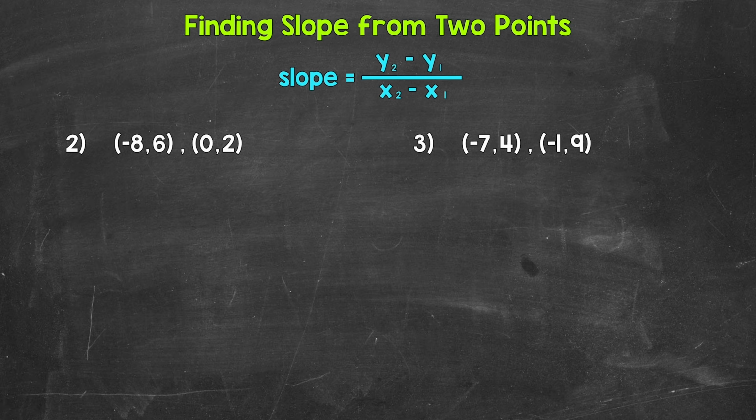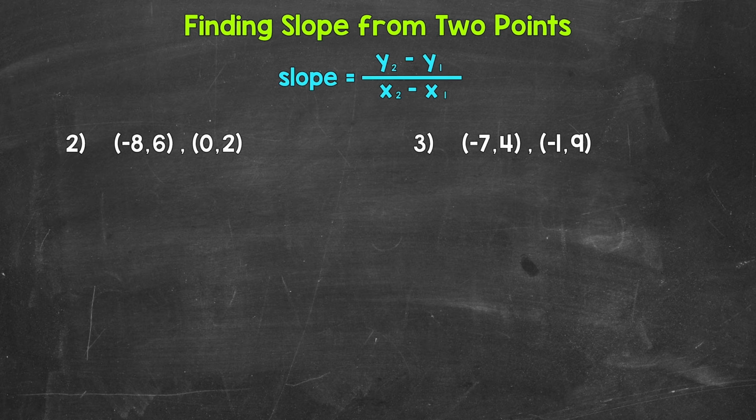Taking a look at numbers 2 and 3, we are given the coordinates of 2 points that a line passes through. We need to find the slope of each line using the given points. Let's jump into number 2 where we have negative 8, 6 and 0, 2.